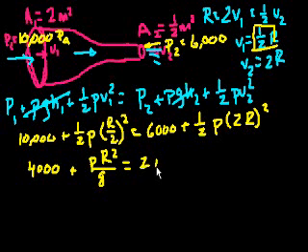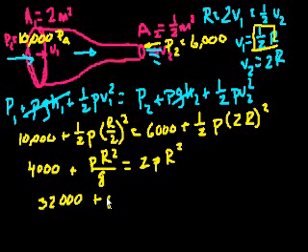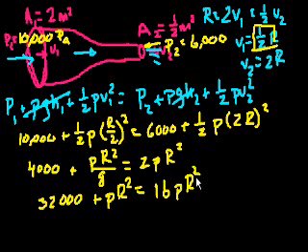So this is 2 rho R squared. See, we could multiply both sides of this equation by 8 just to get rid of this denominator. So we'd get 32,000 plus rho R squared is equal to 16 rho R squared.